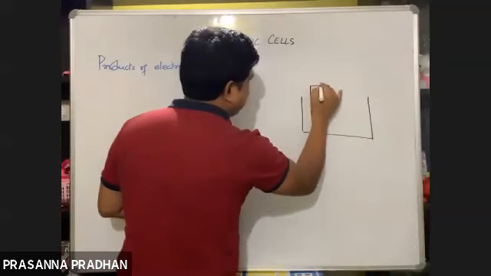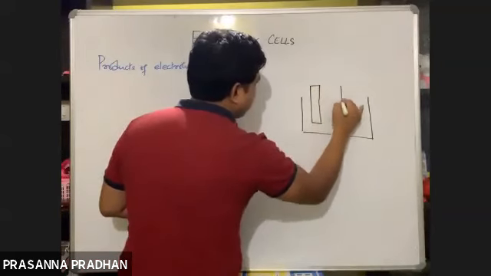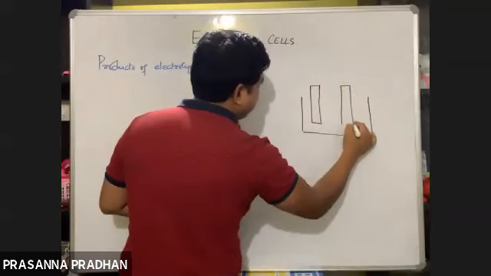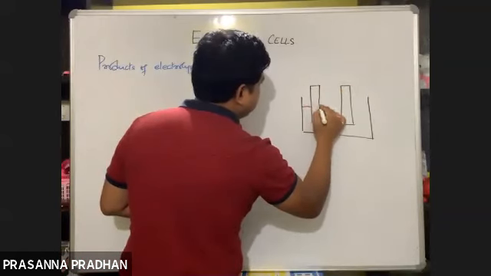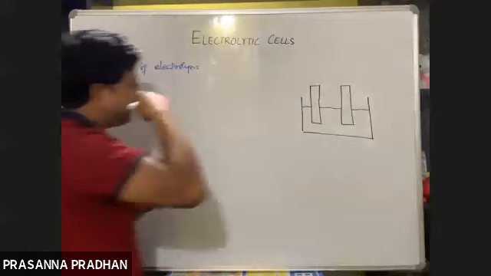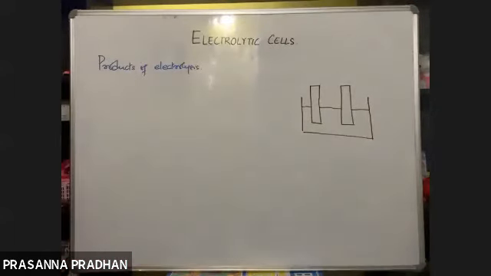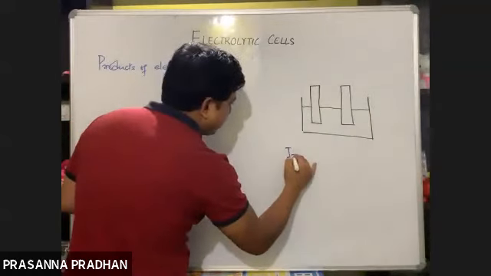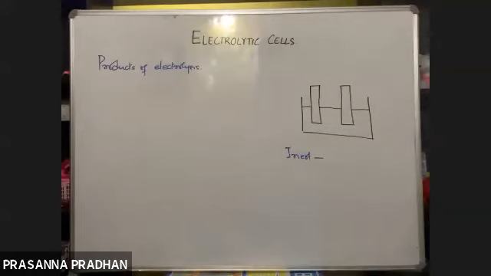How do we construct an electrolytic cell? We have a simple arrangement like this. In an electrolytic cell, both the electrodes are immersed in the same solution. The electrodes are of two types. Number one is inert electrodes, which do not participate in the chemical reaction.